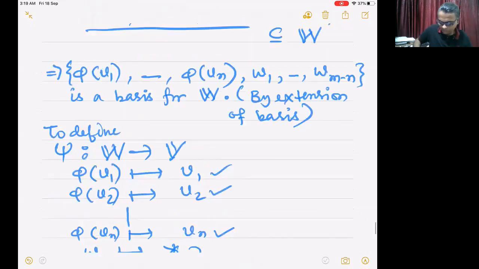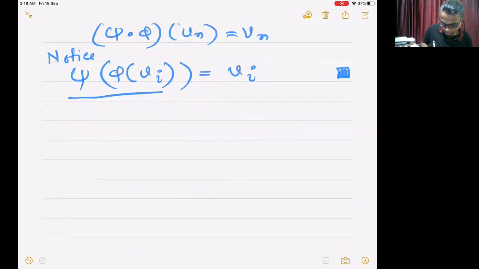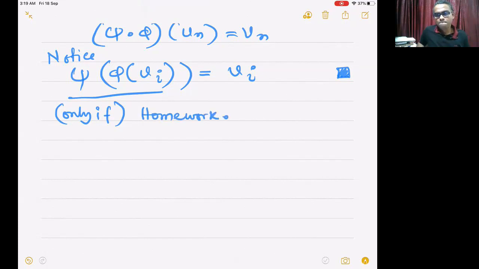This is the if part. The only if part is what I leave you to prove. This goes to you as homework, right?